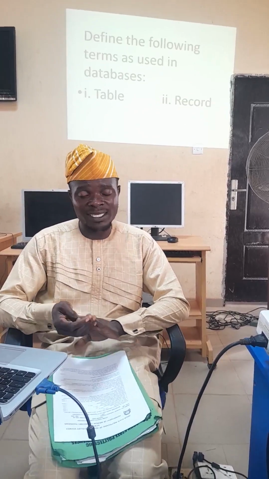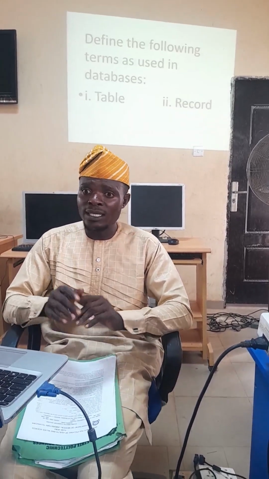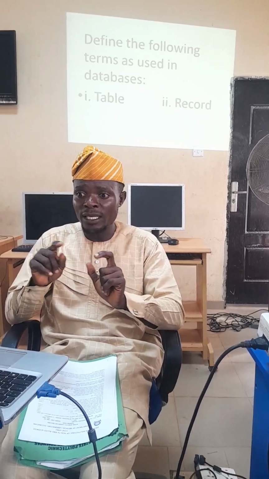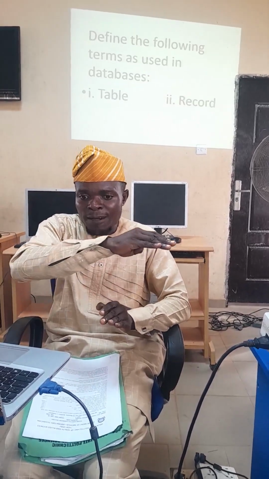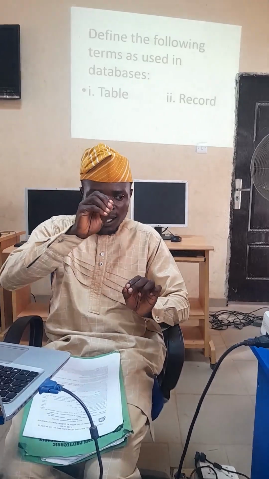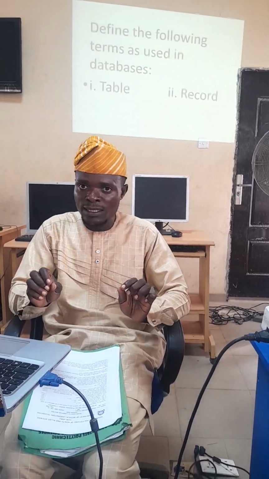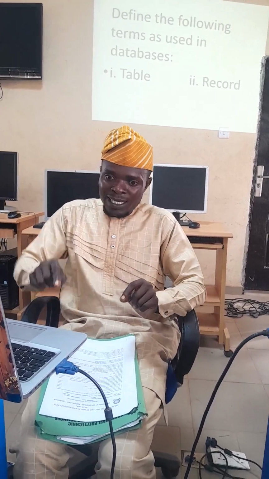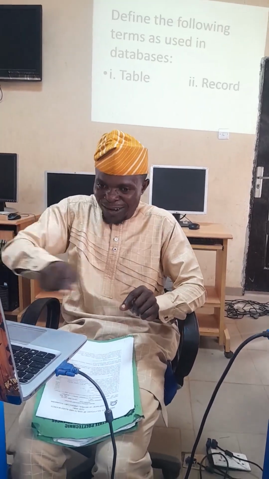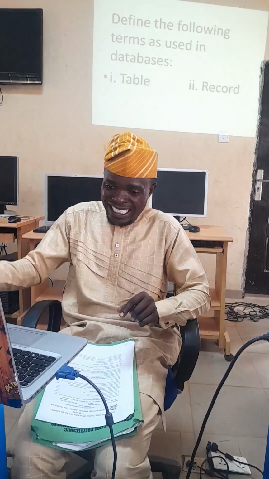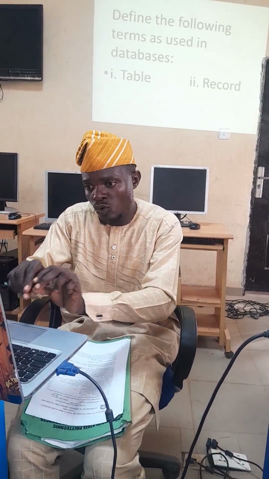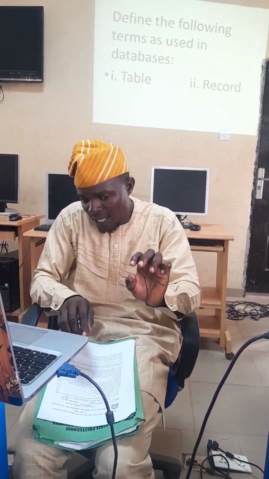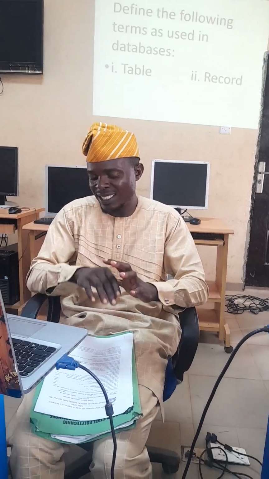Take, for instance, you have a table with headings name and matric number. In the first row you have Adebola, 214. That row is a record on its own, describing a particular entity. So once you see 214, you know it is Adebola. That is a record on its own.